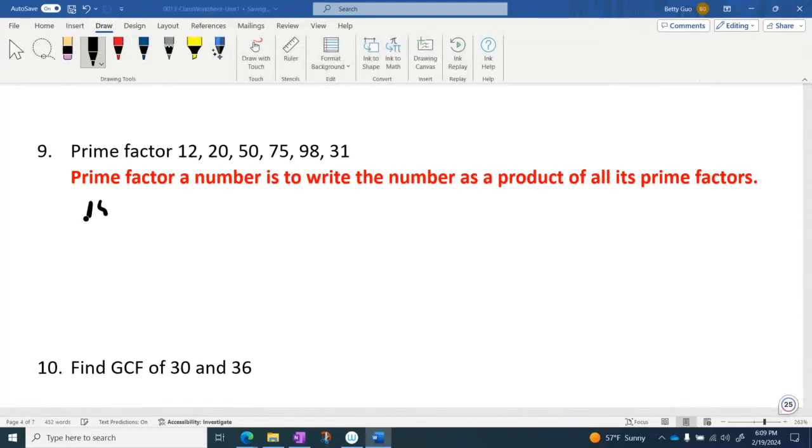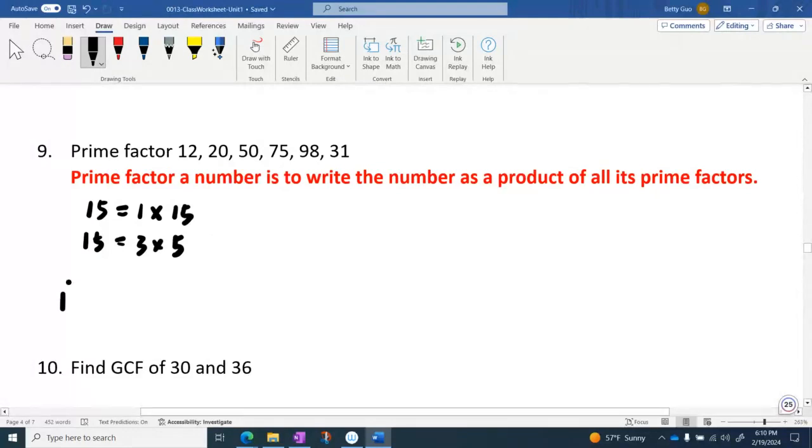We are able to write 15 as 1 times 15. We can also write 15 as 3 times 5. All right? And 15 has in total 4 different factors. We went over this last time. The 4 different factors of 15 are 1, 3, 5, 15.